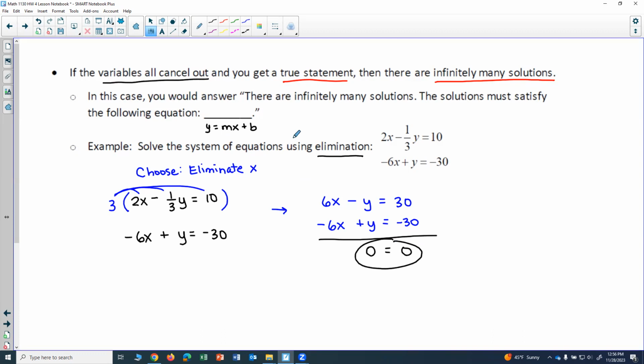The variables canceled out. And this is true no matter what value of x or y I use. 0 is always equal to 0. And so I would say that there are infinitely many solutions.